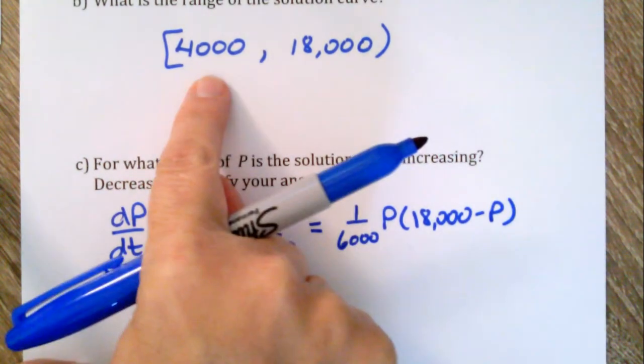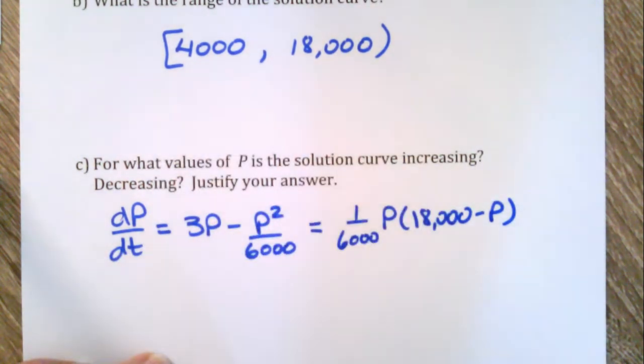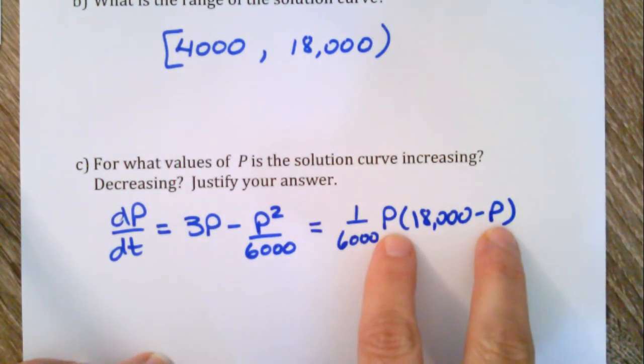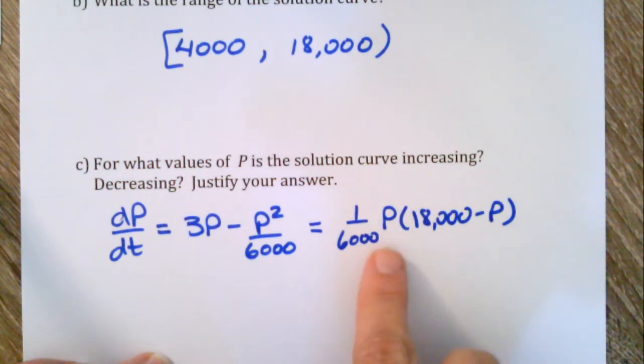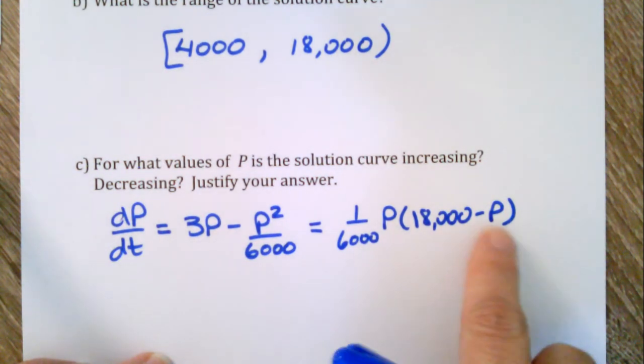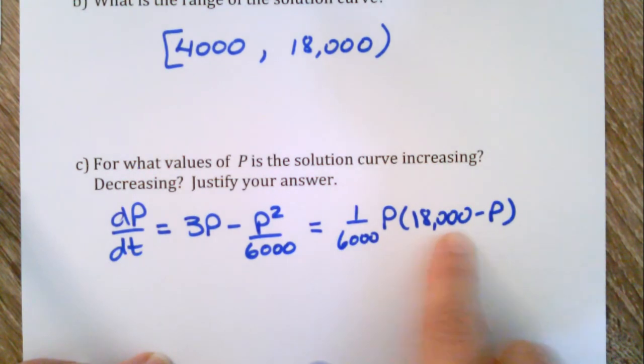And keeping in mind the range here, 4,000 to 18,000, let's just think about that. If I plug in 4,000 for both of these P's, this outside value here is going to be positive, and in here would also be positive. And in fact, any number up to 18,000, the expression 18,000 minus P is going to remain positive.